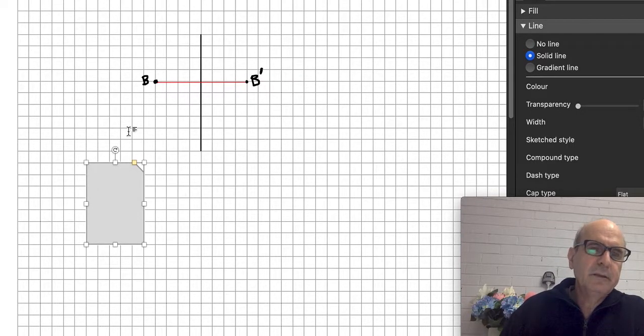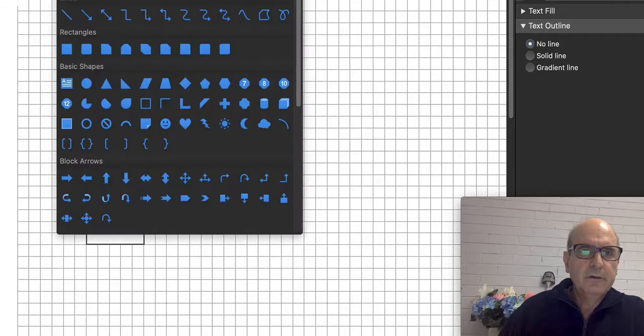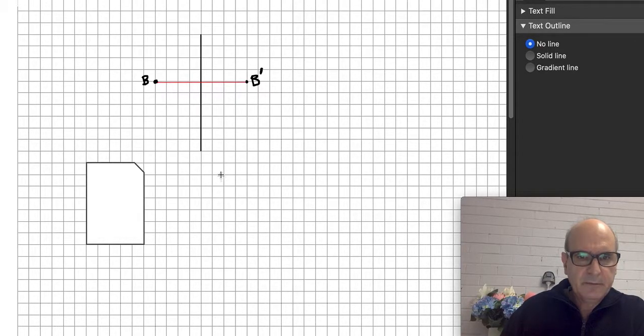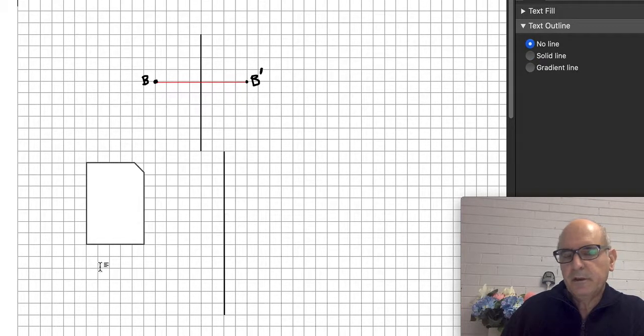I have this shape, and I want to find its reflection in another line. Say I draw a line. That's my line. And I want to find the reflection of this shape in this line.